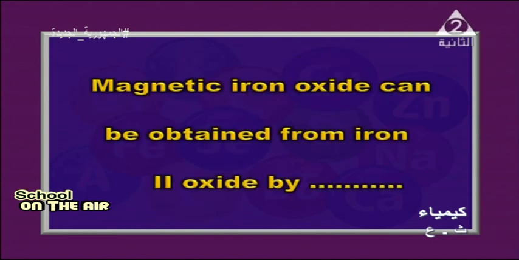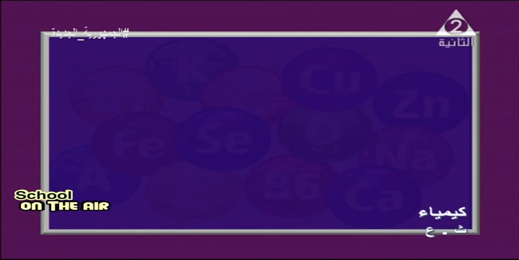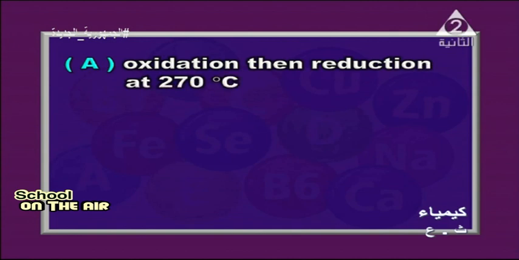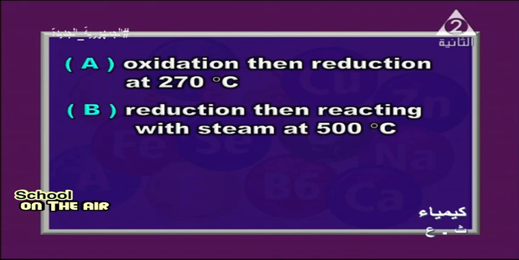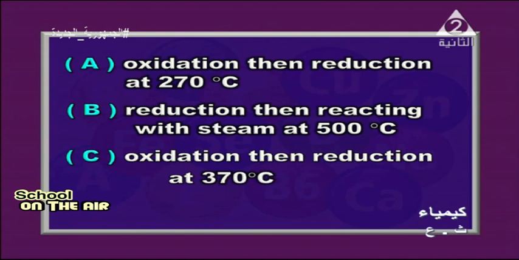Next question. Magnetic iron oxide can be obtained from iron 2 oxide by what? Oxidation then reduction at 270, reduction then reacting with steam at 500 degrees, oxidation then reduction at 370, or A and B. If you write the equations for the reactions, you will find that the oxidation of iron 2 oxide gives iron 3 oxide, then the reduction at 270 gives magnetic iron oxide.